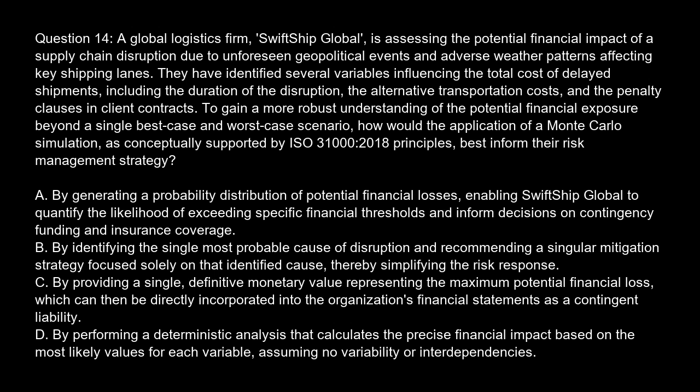Option C. By providing a single, definitive monetary value representing the maximum potential financial loss, which can then be directly incorporated into the organization's financial statements as a contingent liability. Option D. By performing a deterministic analysis that calculates the precise financial impact based on the most likely values for each variable, assuming no variability or interdependencies.